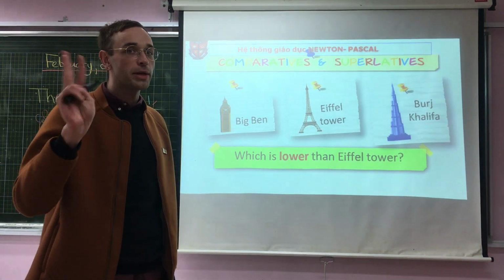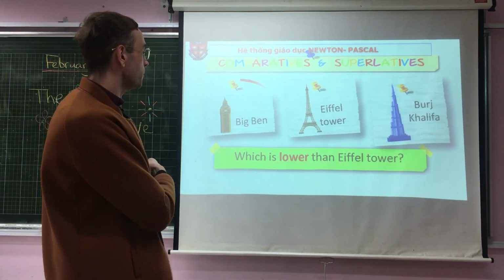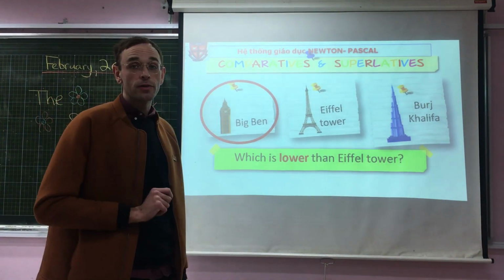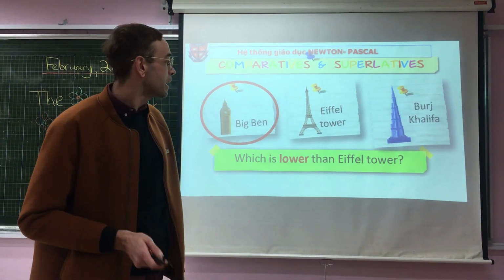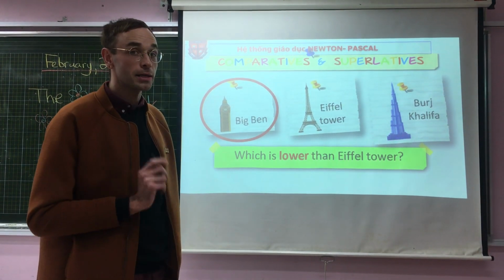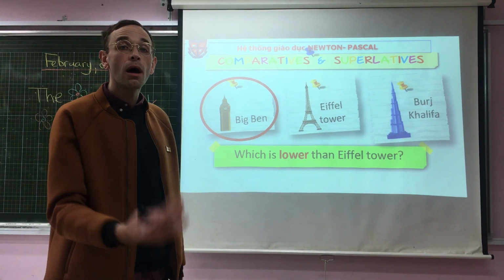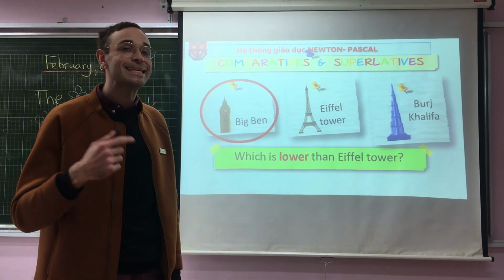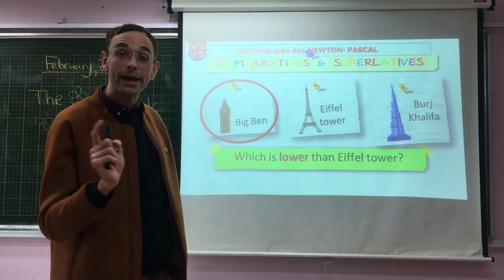Answer out loud in 3, 2, 1. That's right. Big Ben is lower than the Eiffel Tower. Is it lower than the Burj Khalifa too? Yes. Since it's lower than all of the buildings, what do we say? That's right, we say it is the lowest.